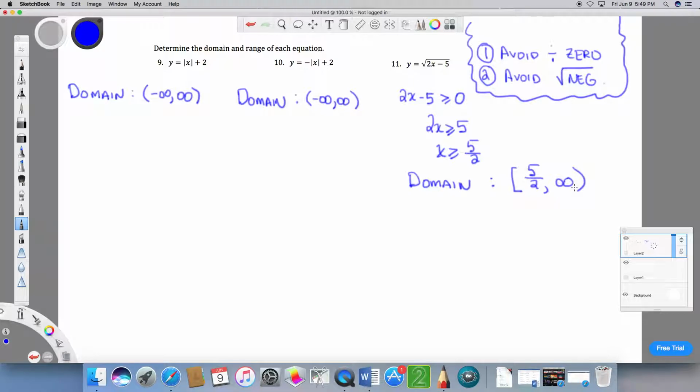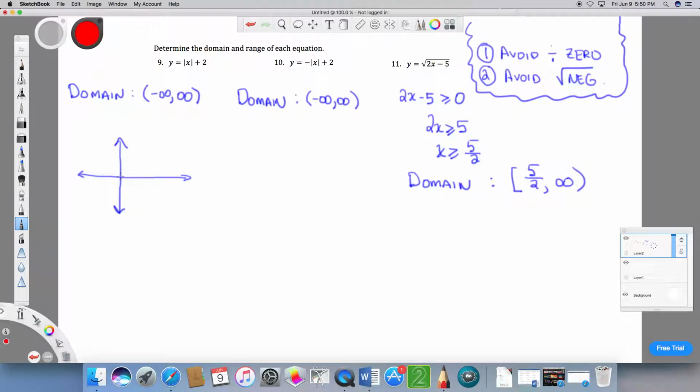Now, let's come back to number 9. With experience, especially after the next skill packet, you're going to be able to sketch the graph of the absolute value of x plus 2 without a graphing calculator. The graph of the absolute value of x, you are probably familiar with it.